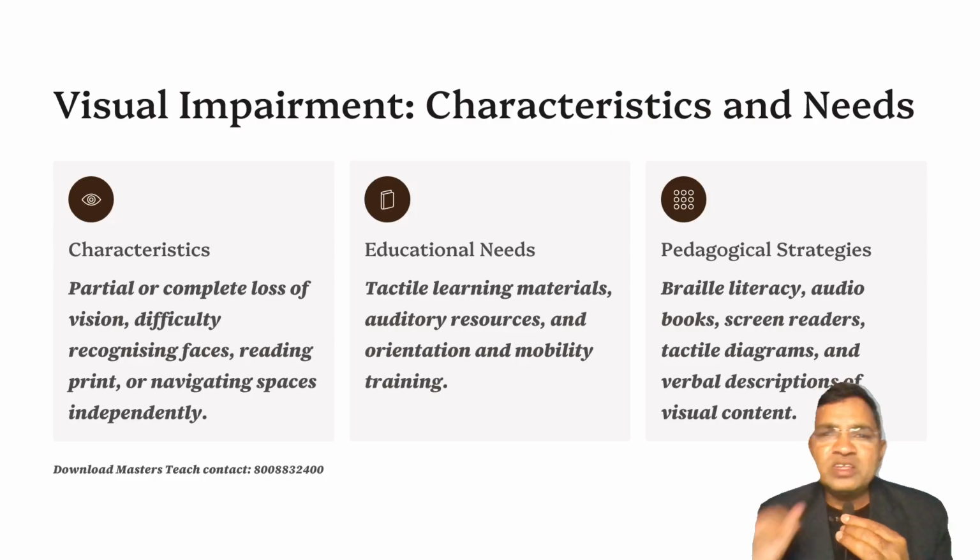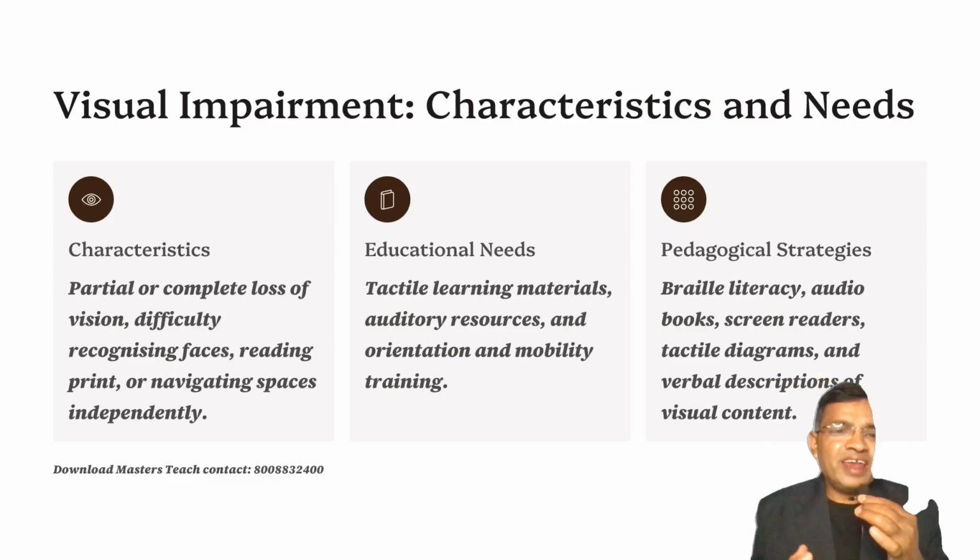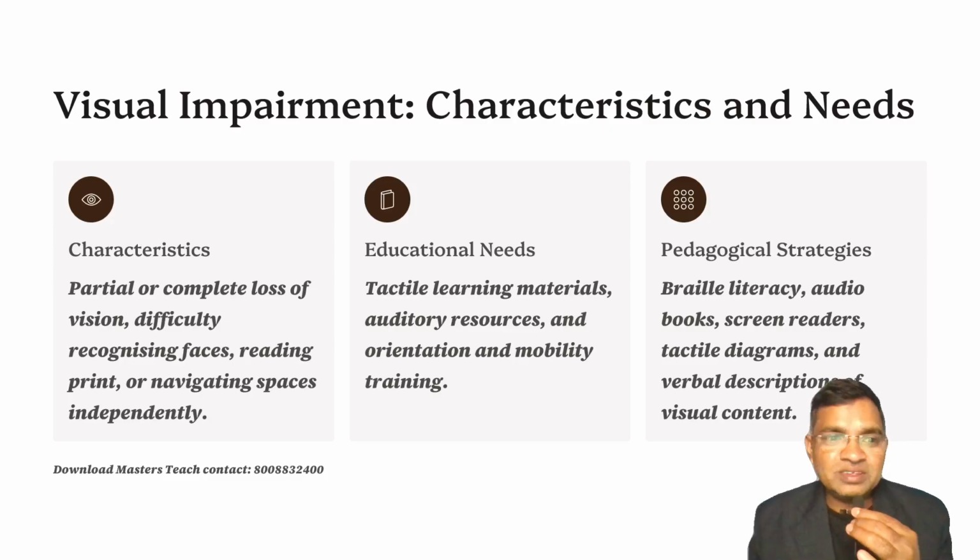Okay, so we are going to discuss visual impairment and its characteristics and needs. The characteristics are partial or complete loss of vision, or difficulty in recognizing faces, reading print, and navigating spaces independently.